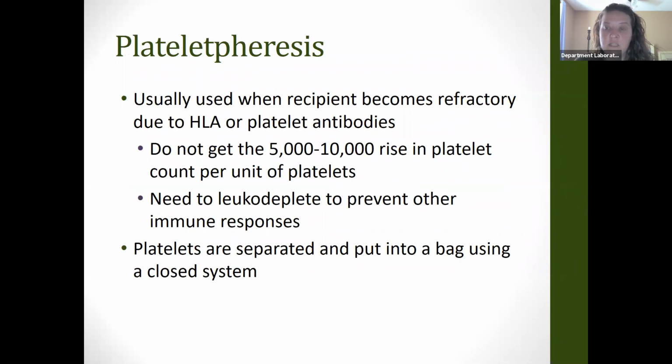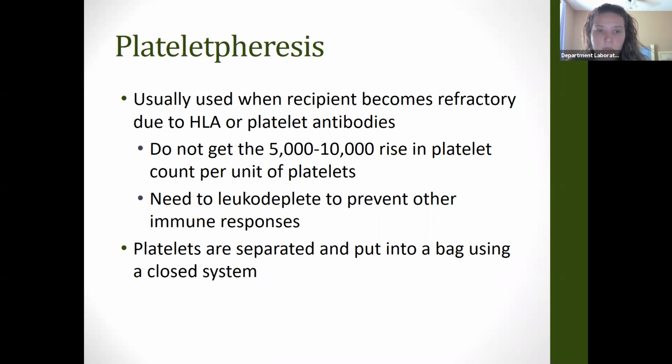And so we've talked about this before, the platelet pheresis, again, very useful if your patient has become refractory, just due to those HLA or platelet antibodies. And remember the definition of refractory. Typically after a platelet transfusion, your patient's platelet count should jump up by 5,000 to 10,000 per microliter, and that's per unit. So a patient would be refractory if that platelet count does not increase as expected.